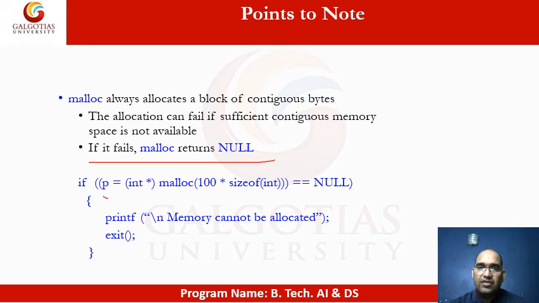If the value of p is equal to null, that simply indicates that memory could not be allocated, and so we have to take the necessary action on that. Here you can see, if p is equal to null, then we simply give the warning message, memory cannot be allocated.